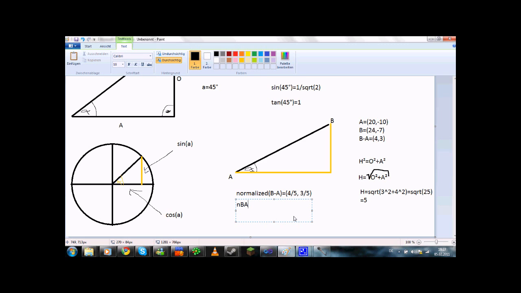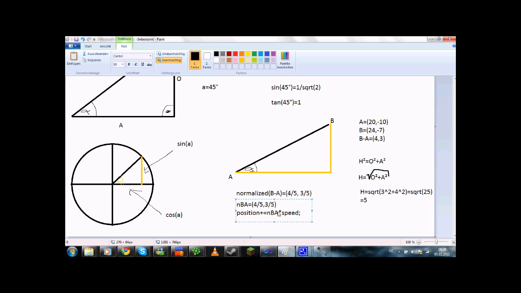Normalized nba is again 4 divided by 5 and 3 divided by 5. And now I will do position plus equals nba times speed. It's as easy as that, because I know the length of nba is 1, because it's a set of x and y coordinates that are on the unit circle. So the length is 1.